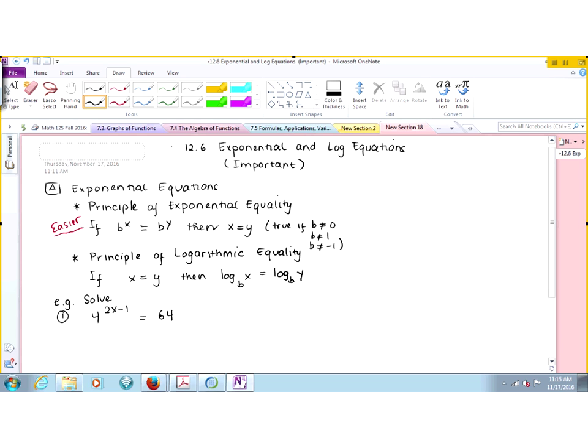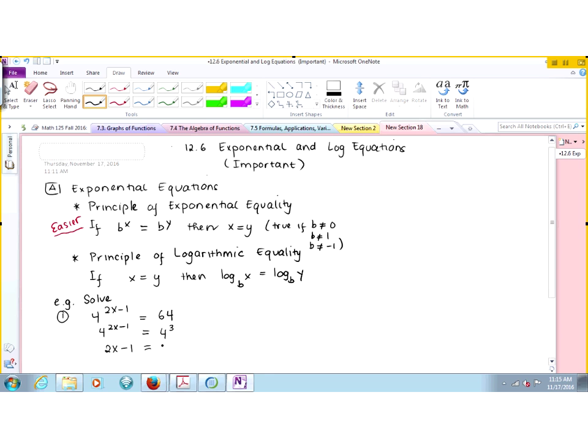Yes. 64 is 4 cubed. Then, since they're the same base, what happens to the exponent? They're equal.